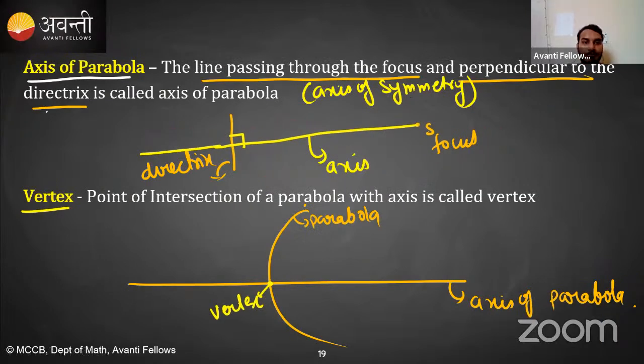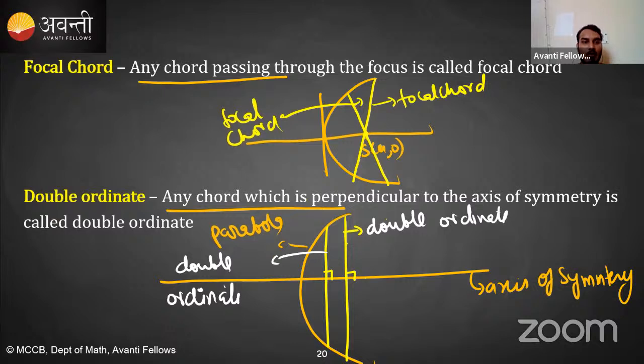Axis of parabola: a line which is perpendicular to the directrix and passing through the focus is called the axis of parabola, and this is also known as the axis of symmetry because the parabola is symmetric about this axis. Second, vertex. What is the vertex? The point of intersection of the parabola with the axis. Simple. Third is the focal chord.